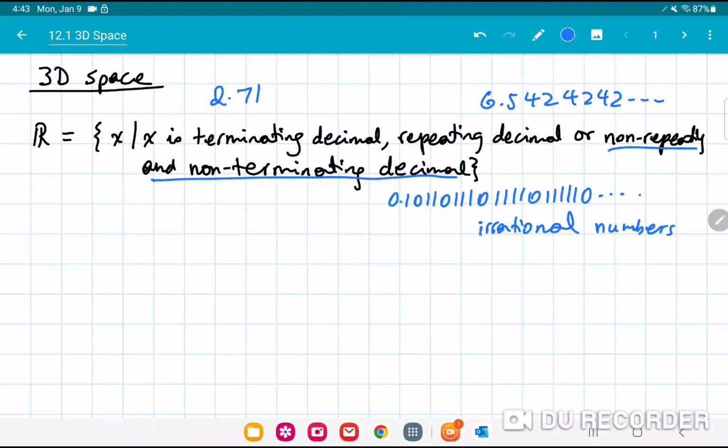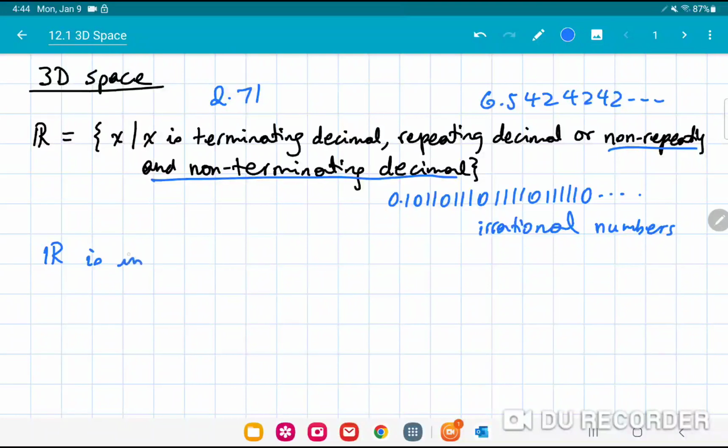And as it turns out, the set R and the set of points on a line are in a one-to-one correspondence. Exactly the same number of elements in the set of real numbers as the number of points on a line, okay?